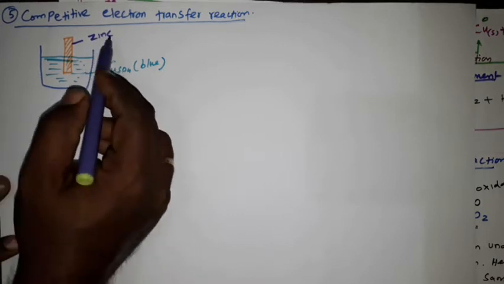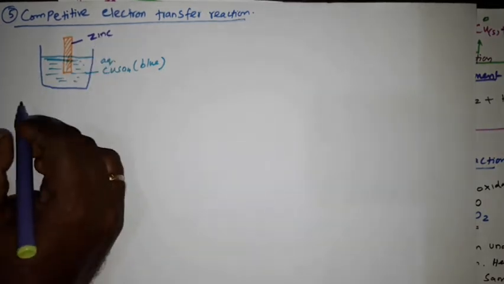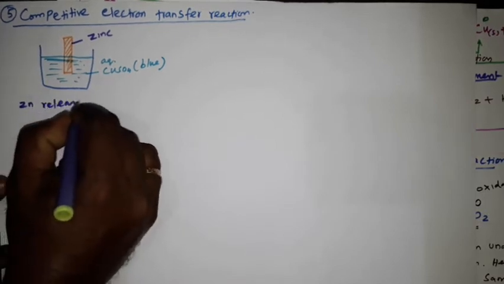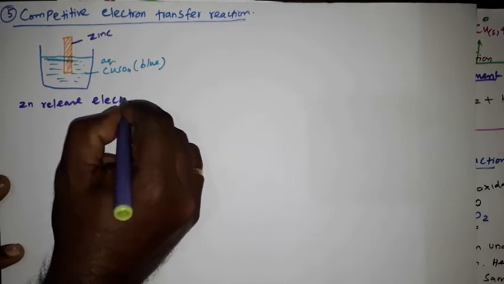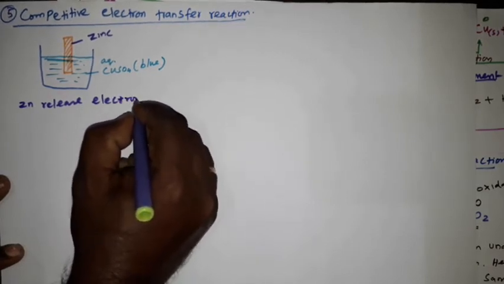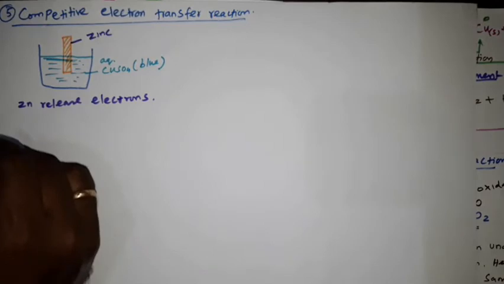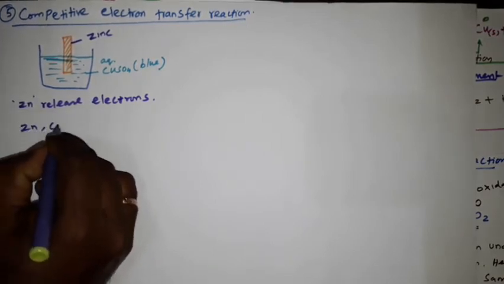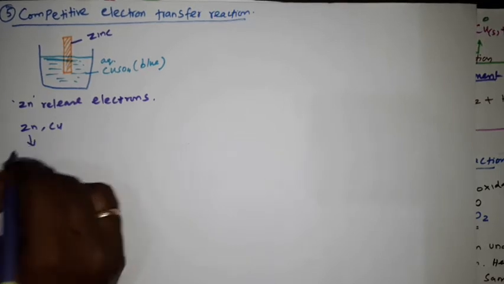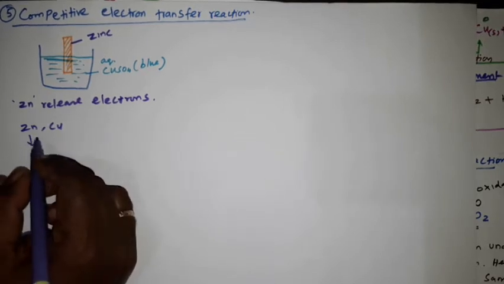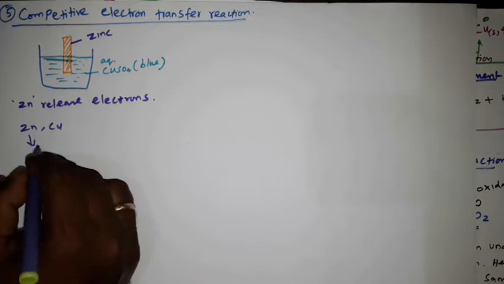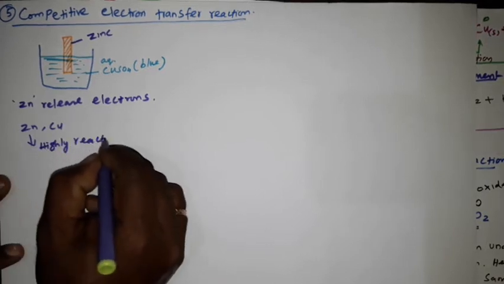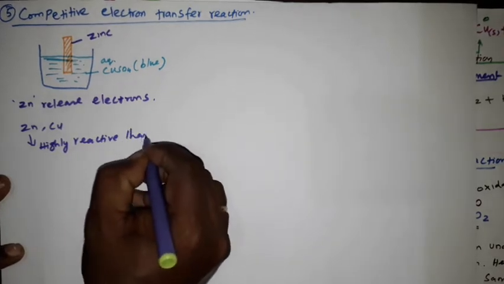So that means the zinc atom releases electrons. Okay. If you compare zinc and copper, zinc will release electrons more readily than copper. So zinc is more reactive than copper.